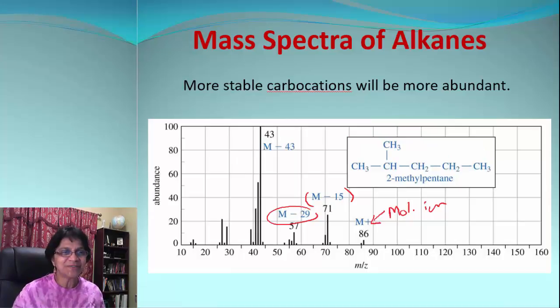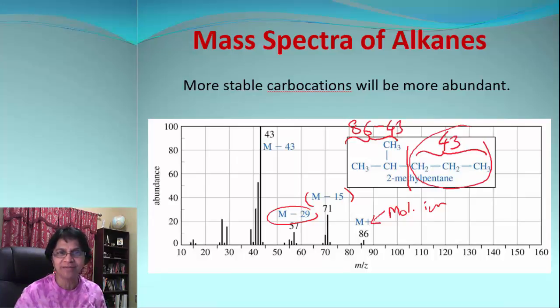Moving on, suppose we decide to cut it right across over here. What we got here now is a propyl group with 3 carbon atoms. And what is the mass of that propyl group? That is 43. And with that being 43, the remaining structure will be the molar mass 86 minus the fragment which you are removing.